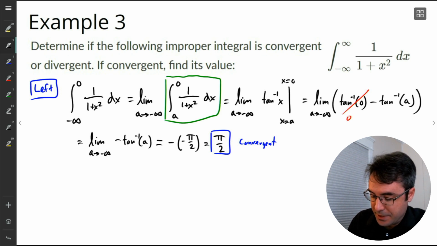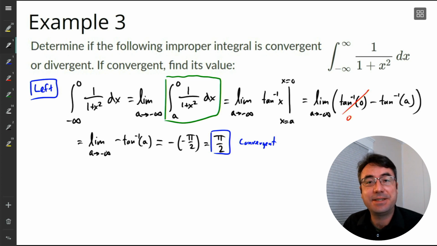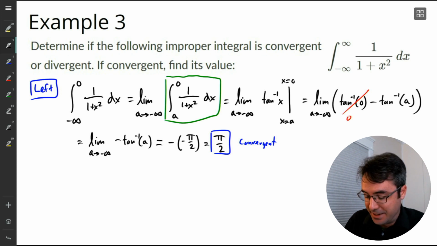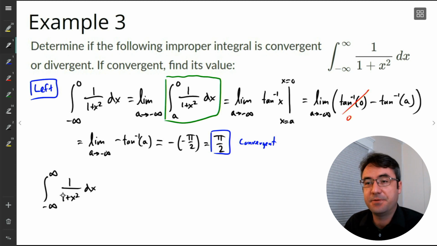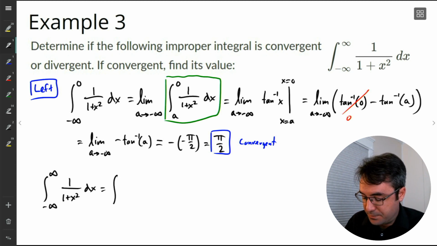And so to actually calculate the integral we're interested in, we add the results together. So let's just put it all together. This is the integral we're actually interested in, from minus infinity to positive infinity of our function.